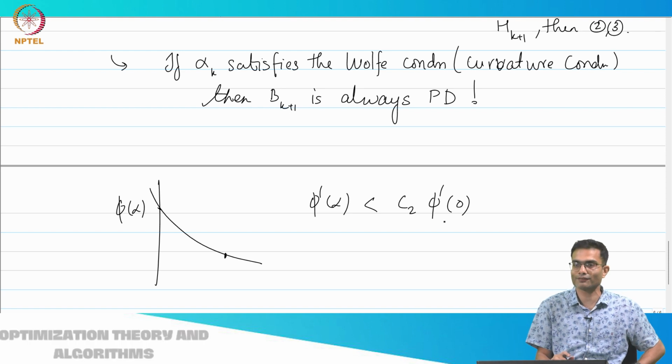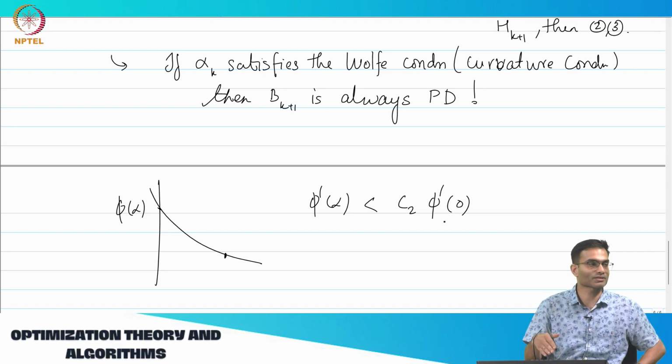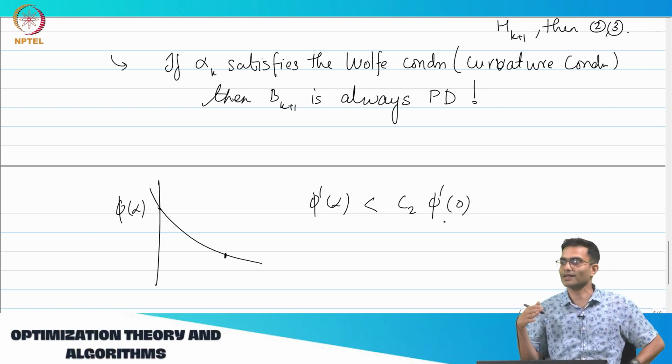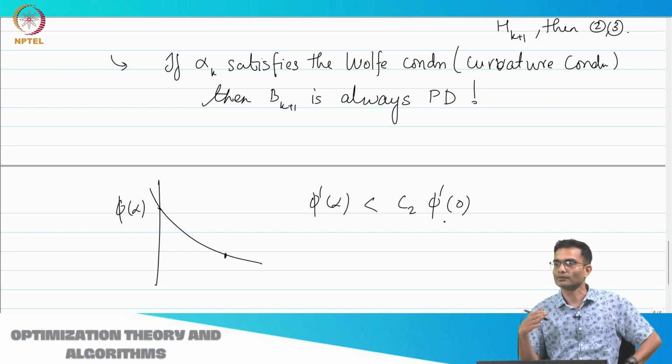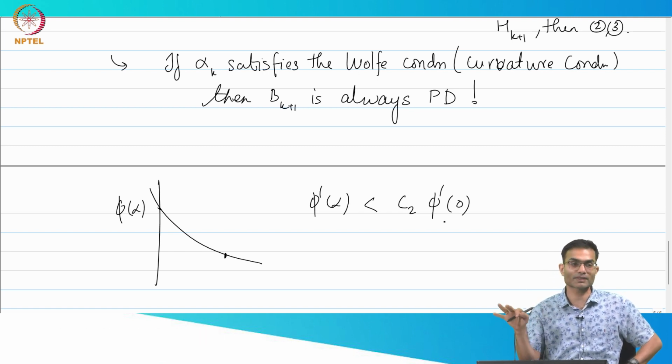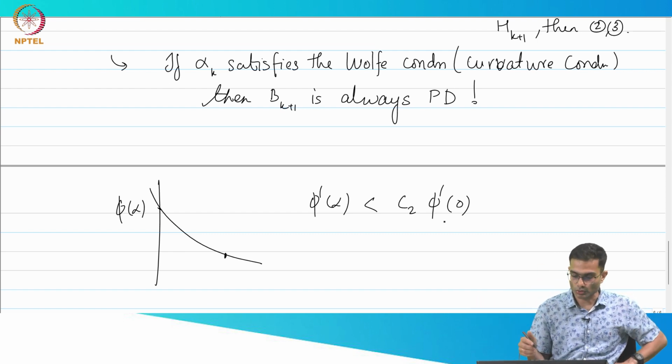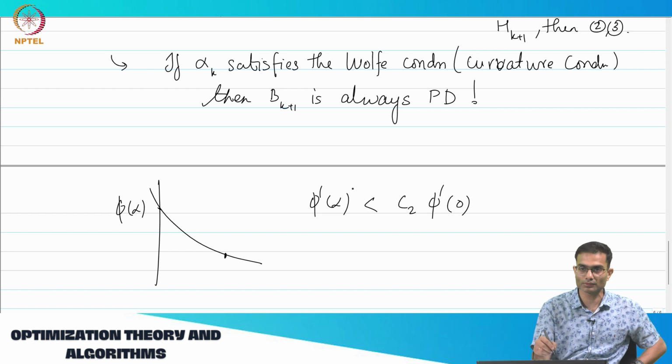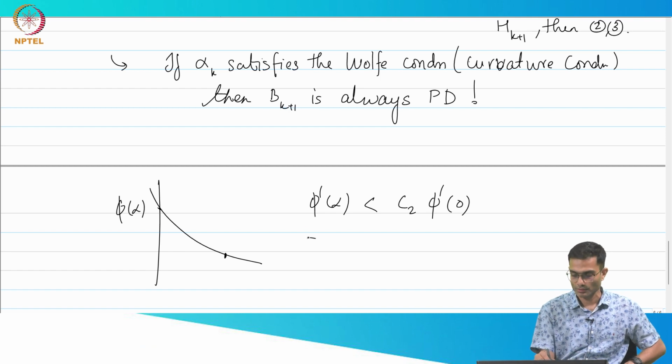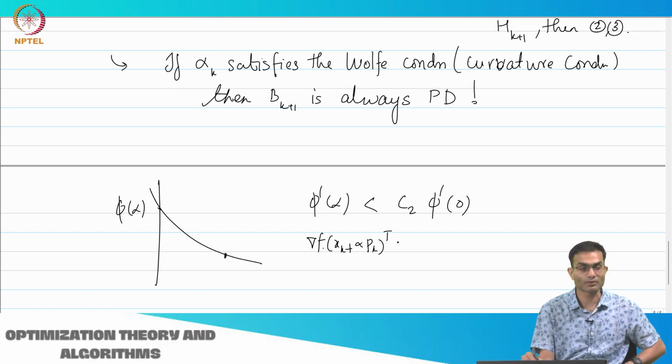Now phi dash alpha, remember the way I have drawn this graph over here, phi dash is positive or negative? Negative, right? And this is the curvature condition, not the strong curvature condition. So, there is no absolute sign over here. So, in order for me to write down this over here, I had to put a minus sign. So, phi dash alpha was what? Grad of xk plus alpha pk transpose what? Pk, right?